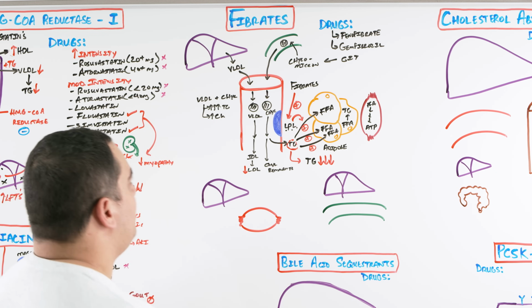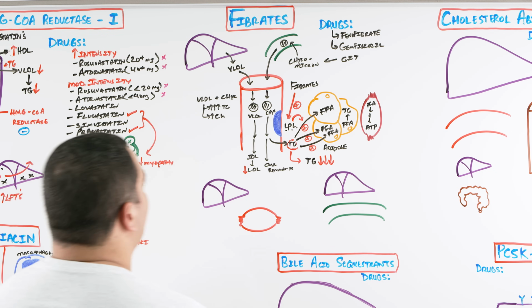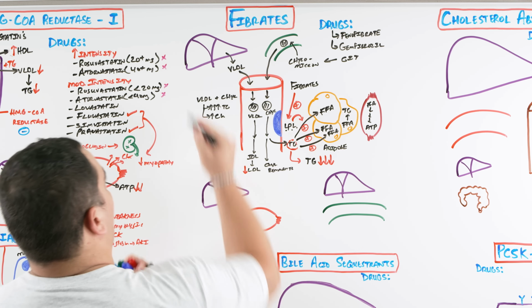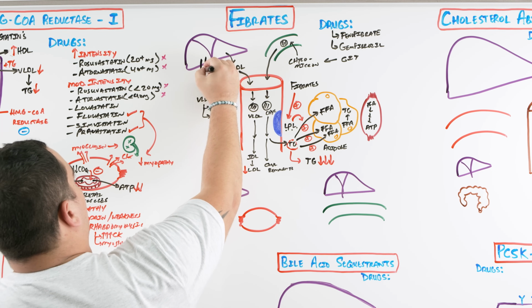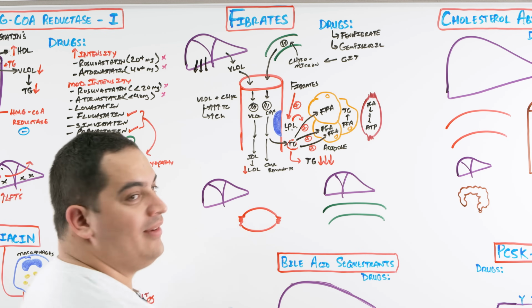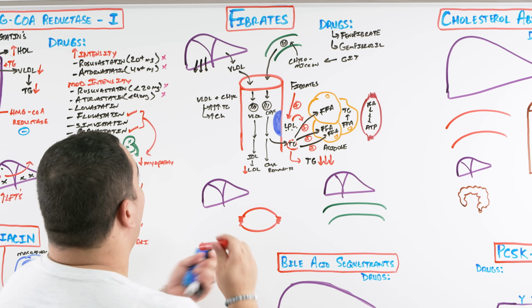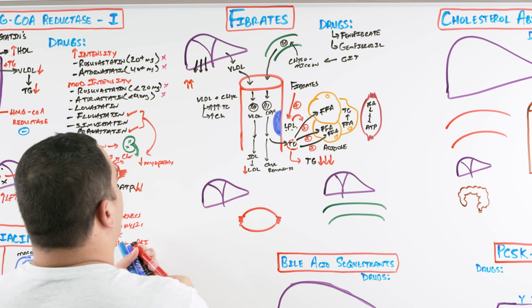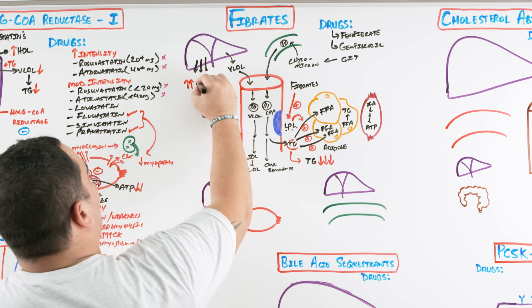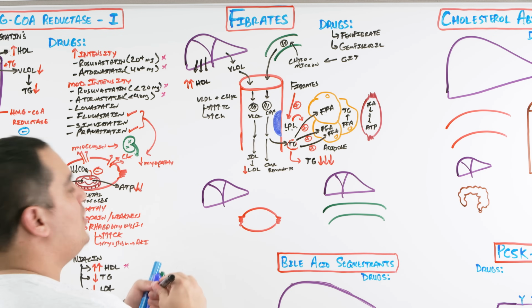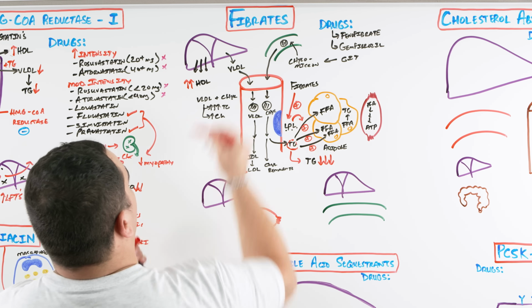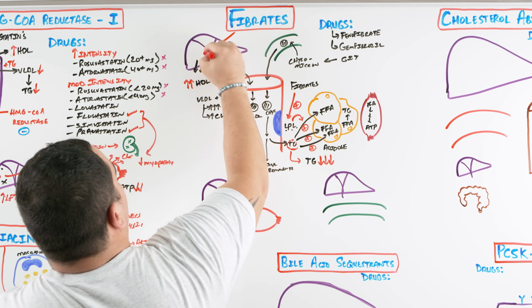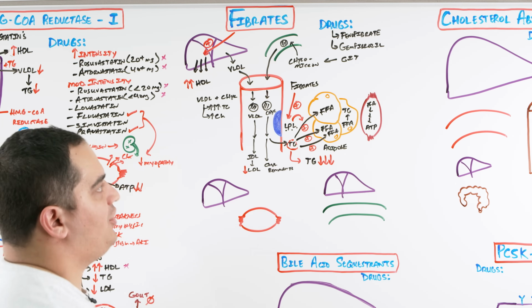They love to stimulate the liver, and they tell the liver, hey liver, I need you to make lots and lots of HDL. So one of the other cool concepts here is that fibrates also will increase the production of HDL. Fibrates have the ability to stimulate the liver to increase the synthesis of HDL.